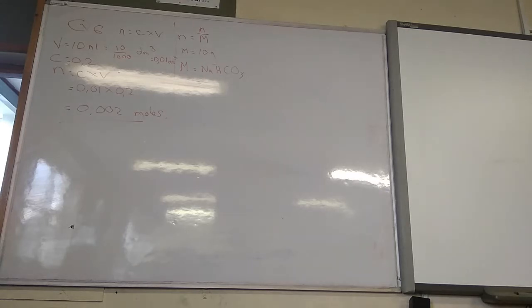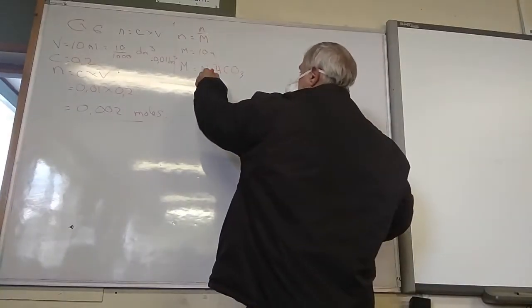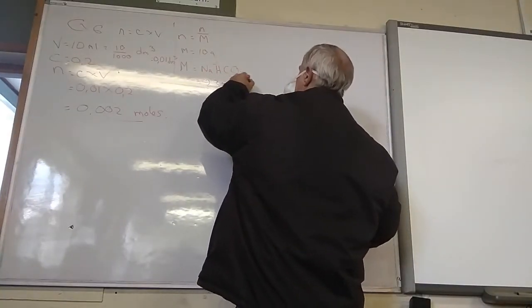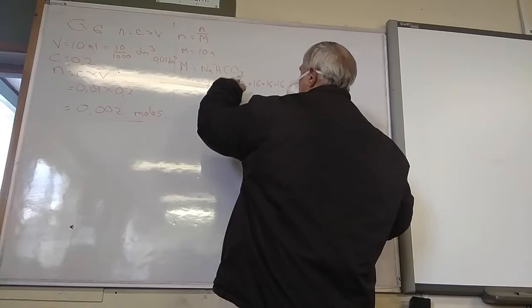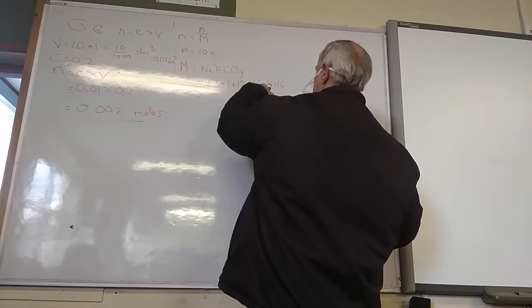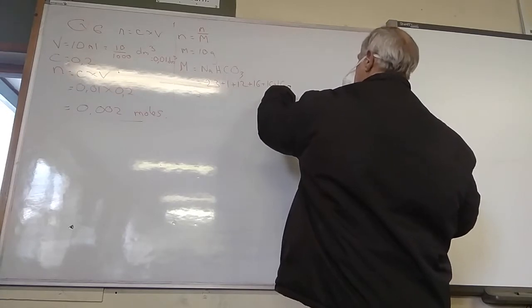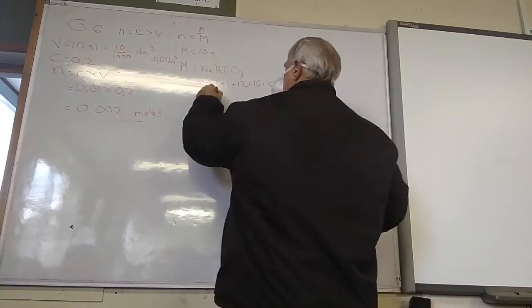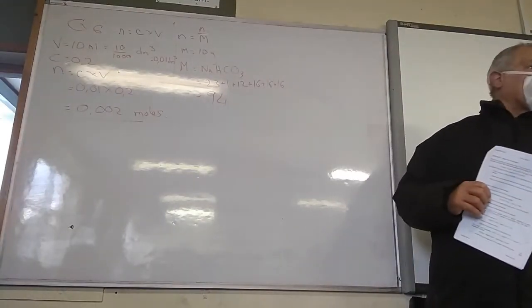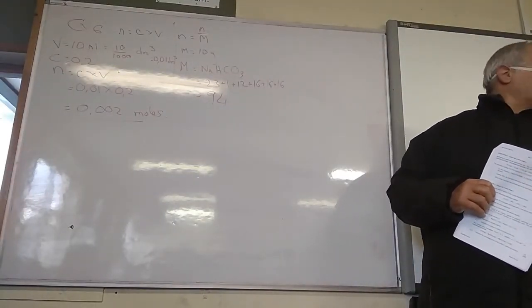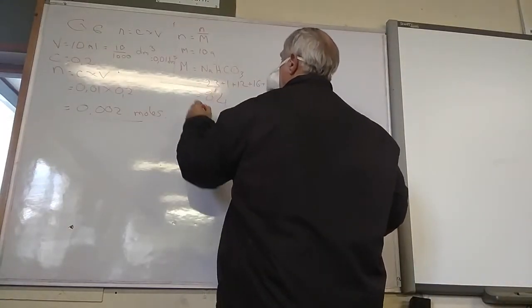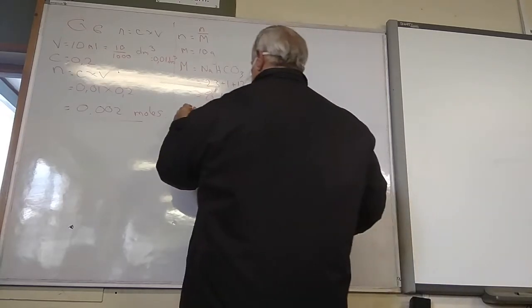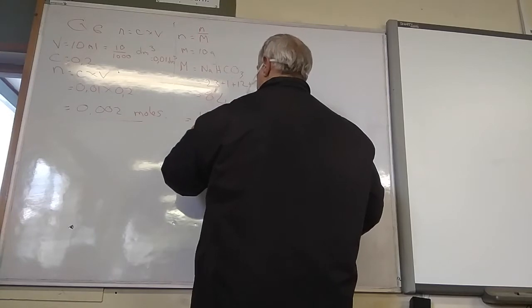Molar mass: 23 plus 1 plus 12 plus 16 plus 16 plus 16. 23, 24, 36, 52, 68, 84. Okay. So moles is equal to 10 upon 84.